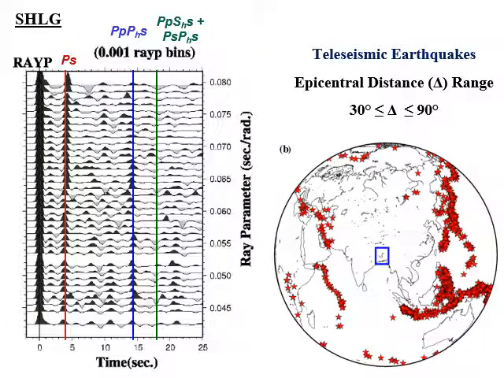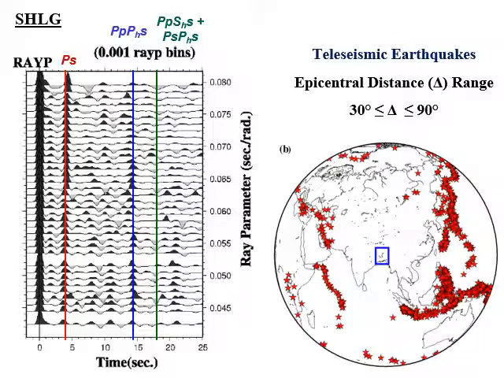We show an example of receiver functions calculated for the central Shillong Plateau station SHLG. What you see on your left are the receiver functions for all the earthquakes which are plotted on the right.